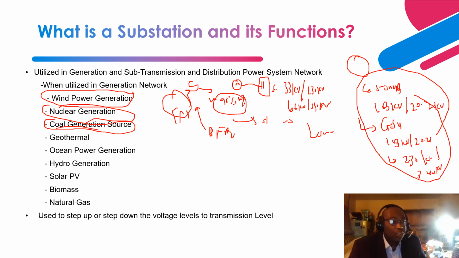Next is geothermal, right? So the geothermal power energy source actually comes from heat underneath the earth, all right? If you have the earth's surface, feasibility studies have to be done to identify a location where there is enough latent heat, embedded heat, underneath the earth's surface, right?